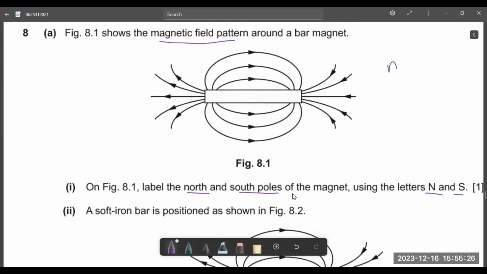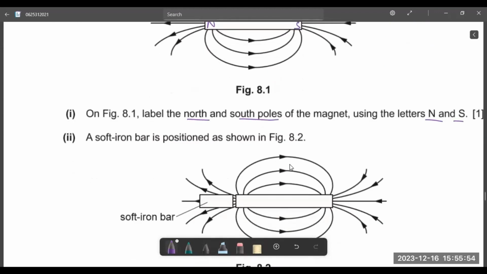Always the arrows will be pointing from north towards south. So from north pole to south pole only these arrows will be pointing. So this side it will be north and this side it will be south. From north it will be outwards, and in south the arrow will be pointing inwards.